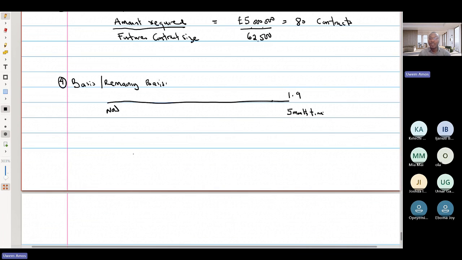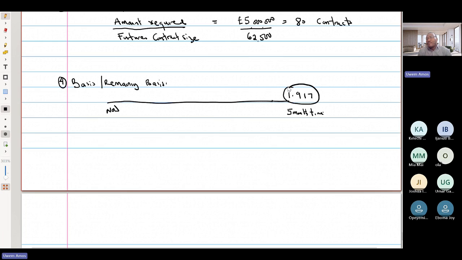So what it basically means is this: if we make our payment in 5 months' time on the dot, the exchange rate would be 1.917.